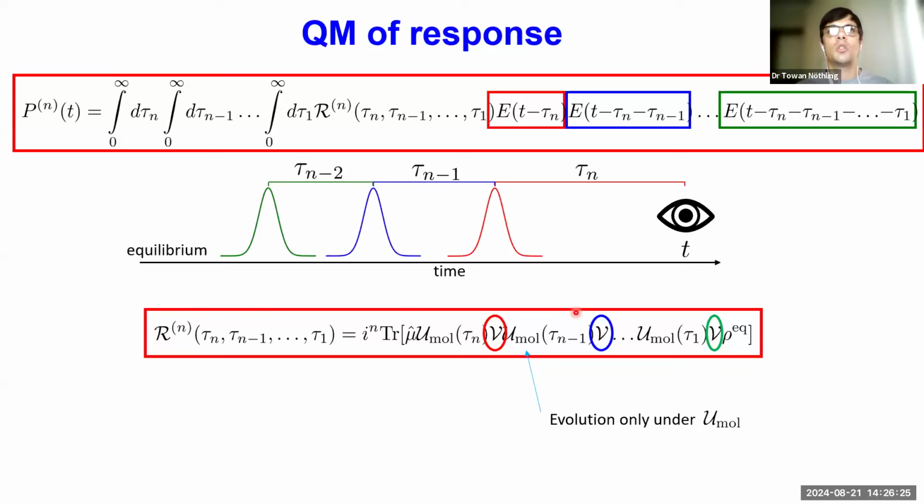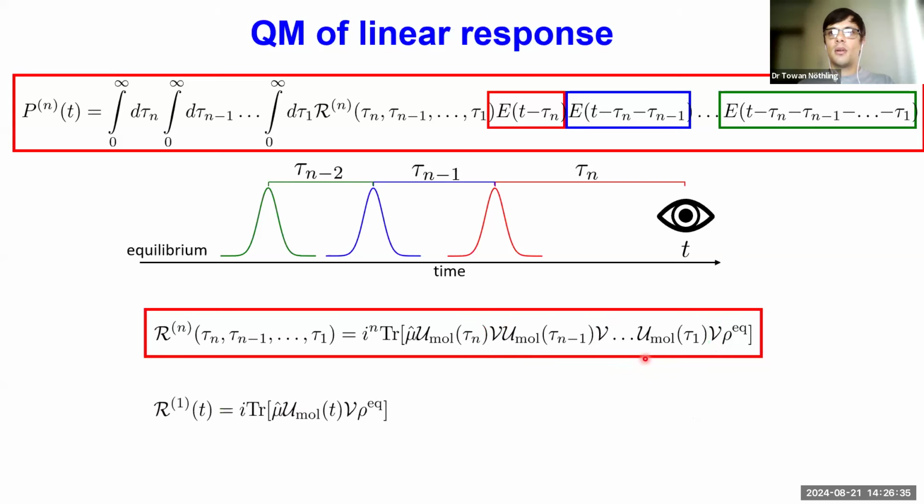The only times when we worry at all about light-matter interactions are these brief strikes with the operator. Okay, so from this expression for the nth order response function, we can calculate easily the first order response function, which has this form. Now there's only one dipole moment superoperator.